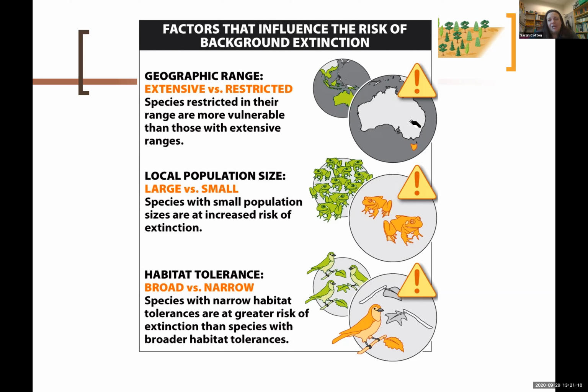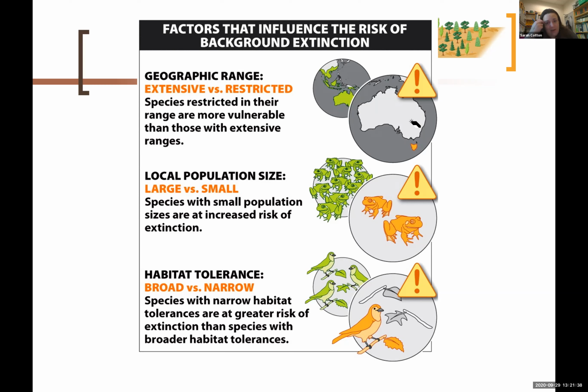When we were talking about the barnacles, the idea that one of those species was able to live in a drier place, the other one was not. Some species have more tolerance to live in a broader diversity of habitats. A good example of that would be animals that are moving as a result of climate change.